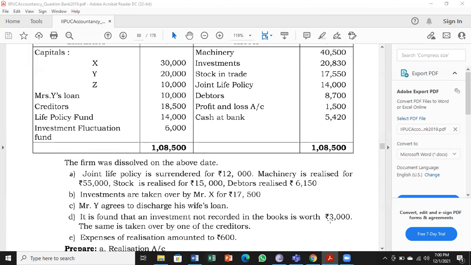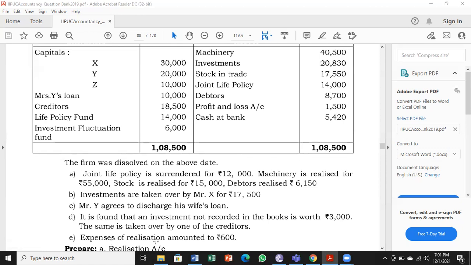So an investment not recorded in the books, 3,000, has been taken by creditors, meaning the business has handed over the 3,000 rupees worth of investment to the creditor. So creditors to be paid 18,500. So 3,000 is given in the form of investment and the remaining money will be paid in cash. That is the meaning of it.